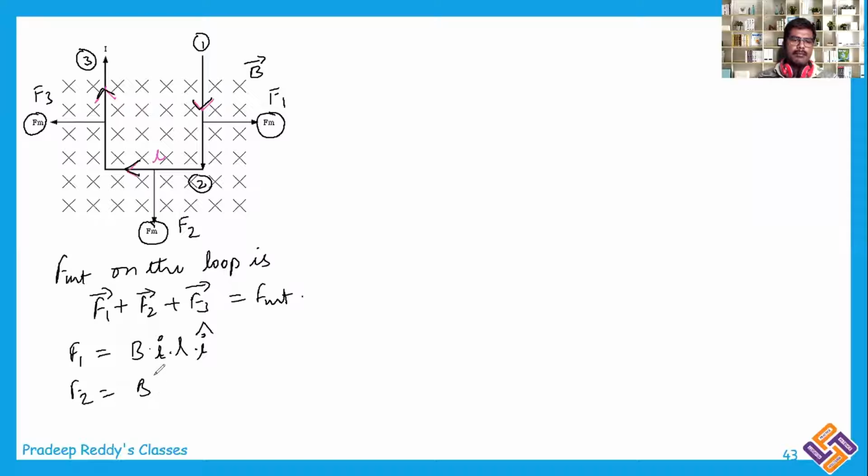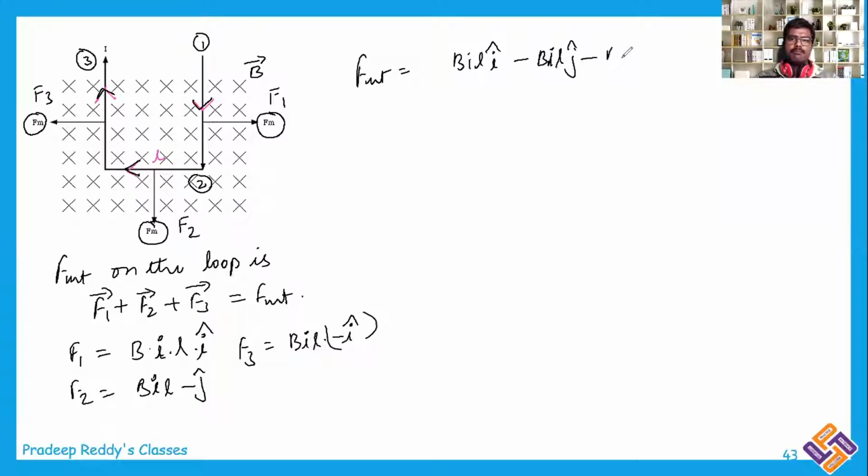F2 will be equal to B, I, L, and this will be minus J cap. F3 will be equal to B, I, L, and it is left side, so I can write it as minus I cap. What about the net force acting here? It will be B, I, L, I cap minus B, I, L, J cap minus B, I, L into I cap. This and this get cancelled. So F net will be equal to minus B, I, L, J cap.